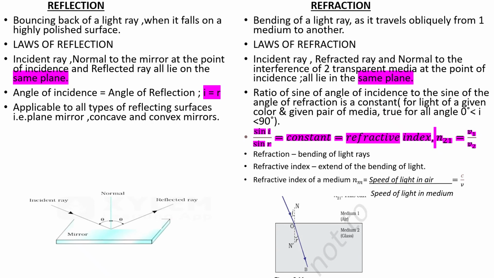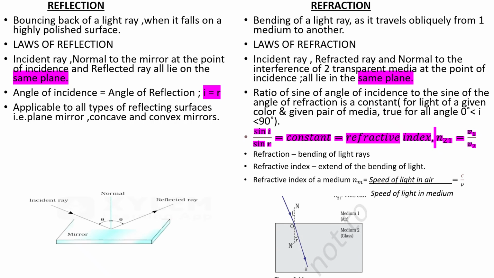It will be true for all incident angles greater than 0 and less than 90, which means a light which is falling perpendicular on a refracting surface will not undergo any refraction.